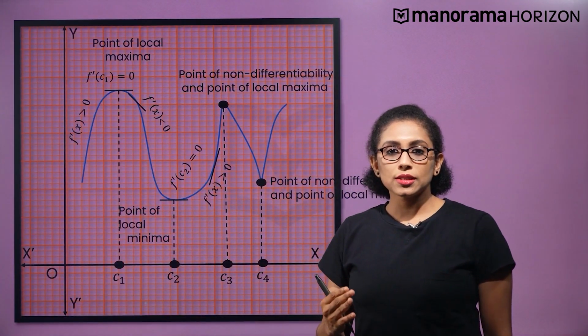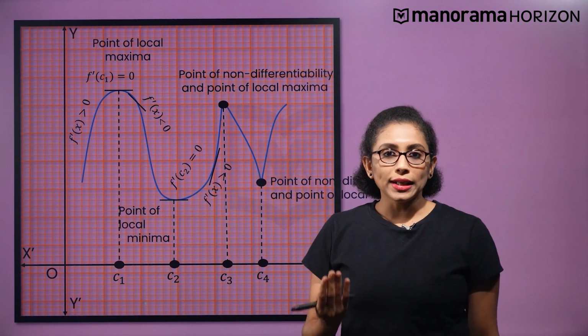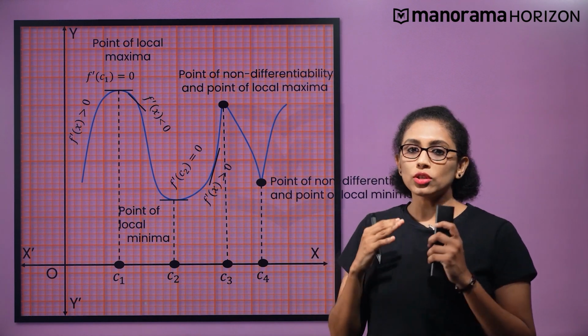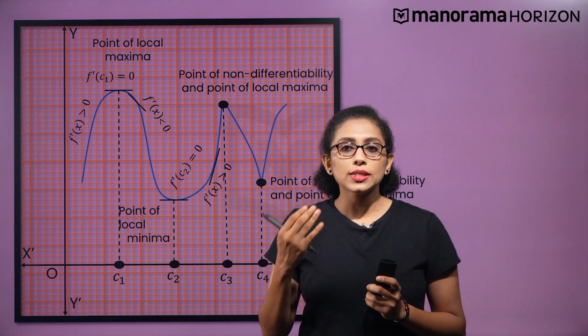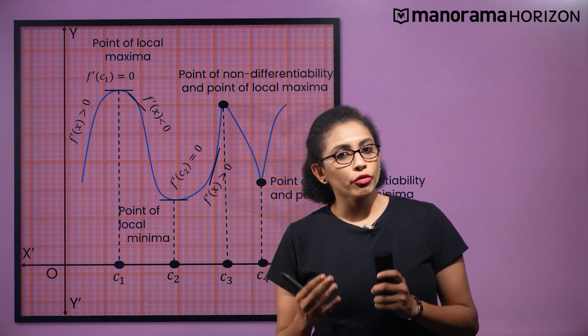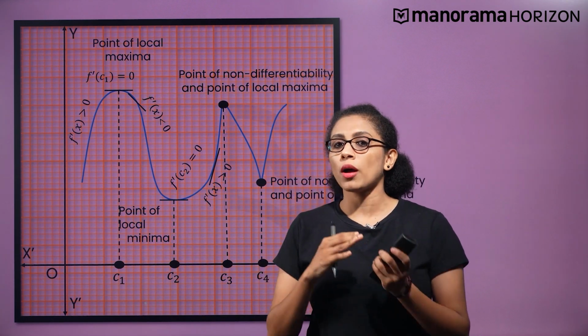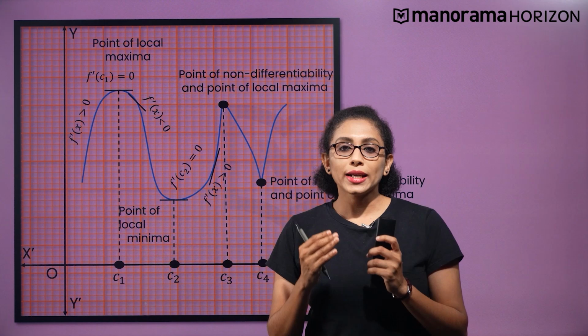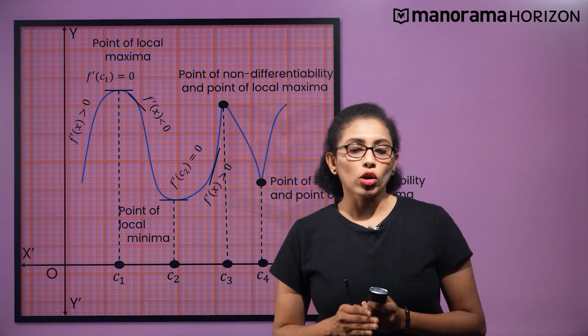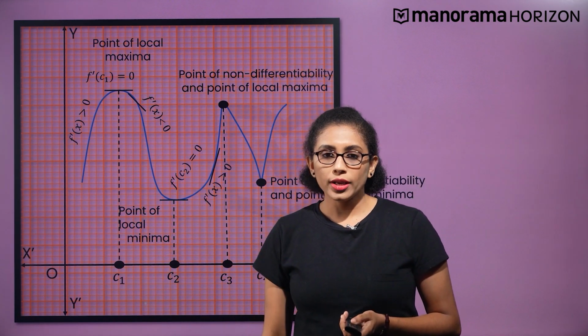Now, step 6, at a critical point, if f dash of x does not change its sign as x increases through c, then the function f of x has neither a local minima nor a local maxima at x is equal to c, and that point is called the point of inflection, right?